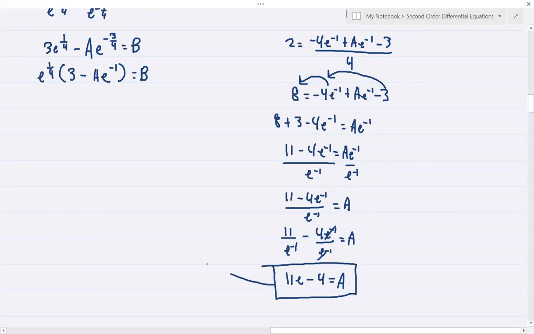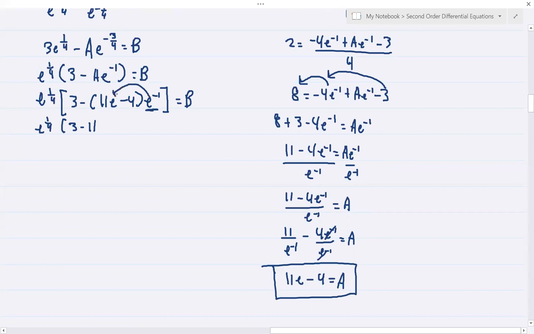All right, now let's find your b. We're going to substitute your a going back to that equation. So we have e raised to 1/4 times quantity 3 minus quantity 11e minus 4 times e raised to negative 1. Okay? So the result would be e raised to 1/4 times quantity 3 minus 11, if you're going to distribute e raised to negative 1 to this term.